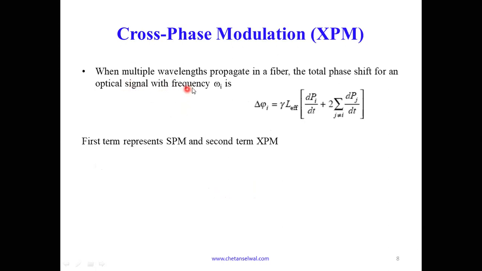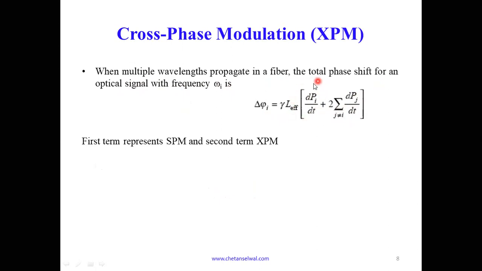When multiple wavelengths are propagating in a fiber, the total phase shift for an optical signal with frequency omega i is given by delta phi i equals gamma L effective dPi by dt plus twice the summation over j not equal to i of dPj by dt.